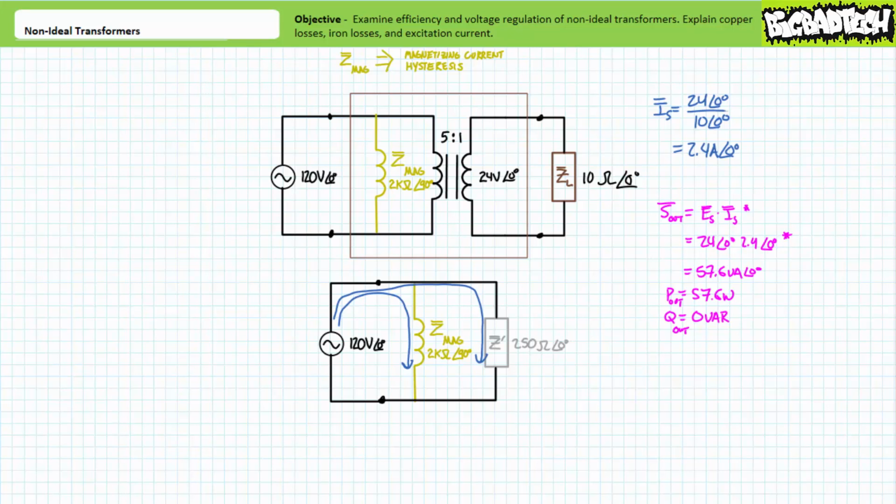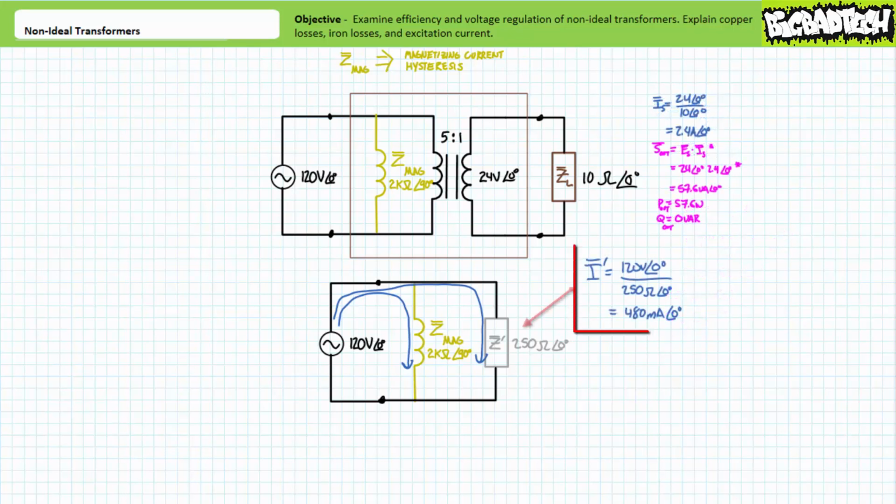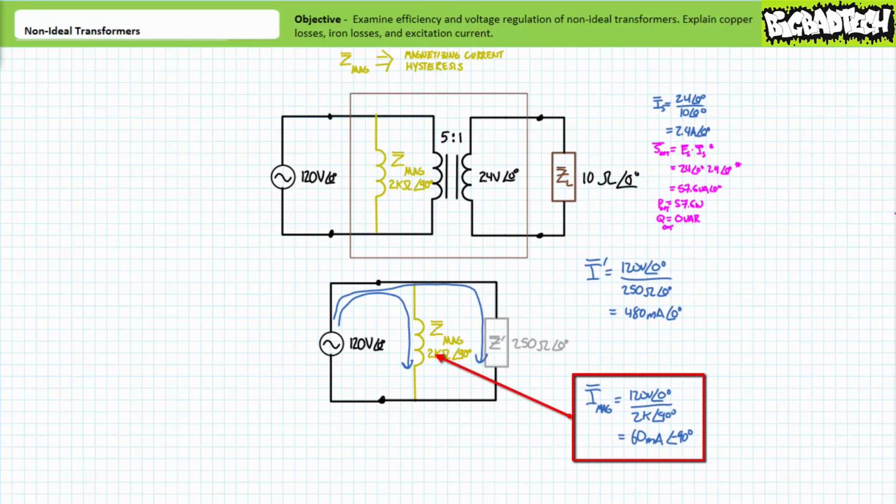Given voltage across elements in parallel is the same, both the reflected impedance and inductor will experience a 120 volt differential. Ohm's law demonstrates that the reflected impedance will still draw 480 mA of current at 0 degrees. Ohm's law additionally demonstrates that the 2 kΩ inductor, accounting for both magnetizing current and hysteresis, will draw 60 mA of current at an angle of negative 90 degrees.